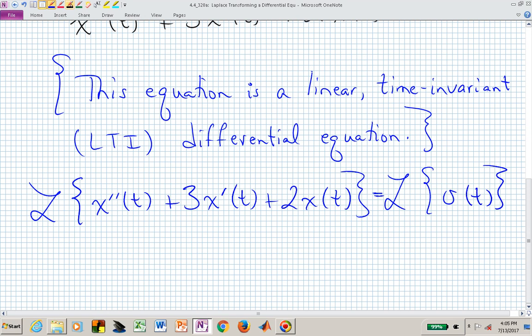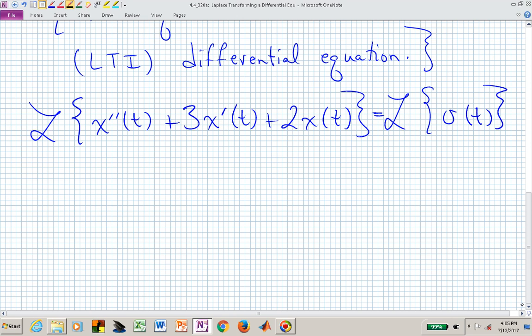We've just learned that the Laplace transform enjoys linearity properties, which says that we can Laplace transform all three of these individual terms on the left-hand side separately. So we can now say we want the Laplace transform of the second derivative of x.